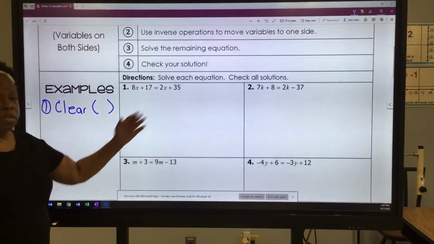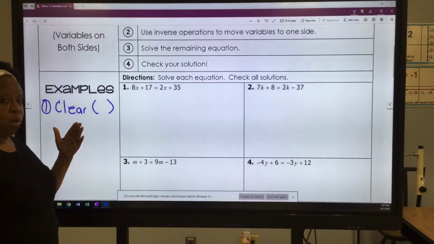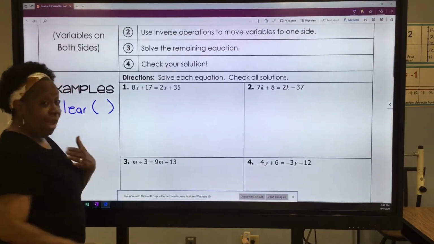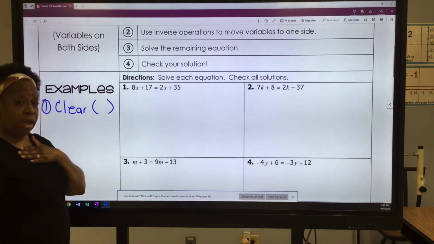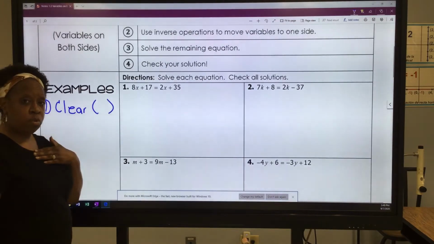There are no parentheses here, so we've got that first step covered. Now you want to get all the x terms on one side and all the numbers on the other side. I like to have my x's on the left if I can. It's not necessary, but I also like to keep that coefficient of x positive. It makes it easier to work with, I find.